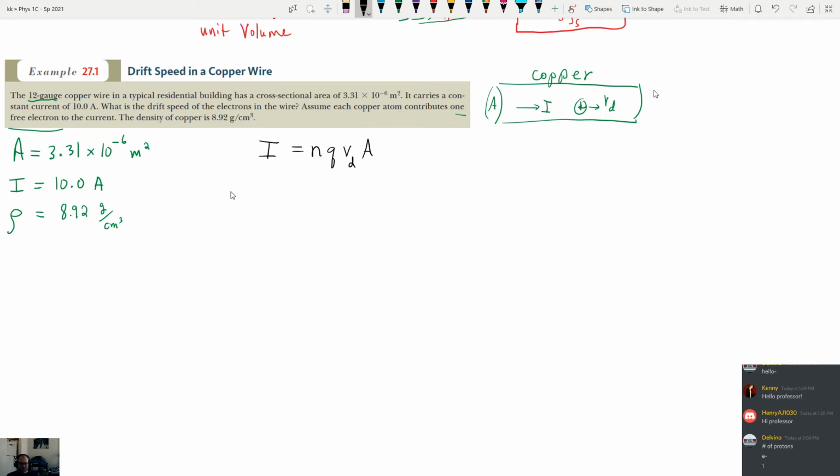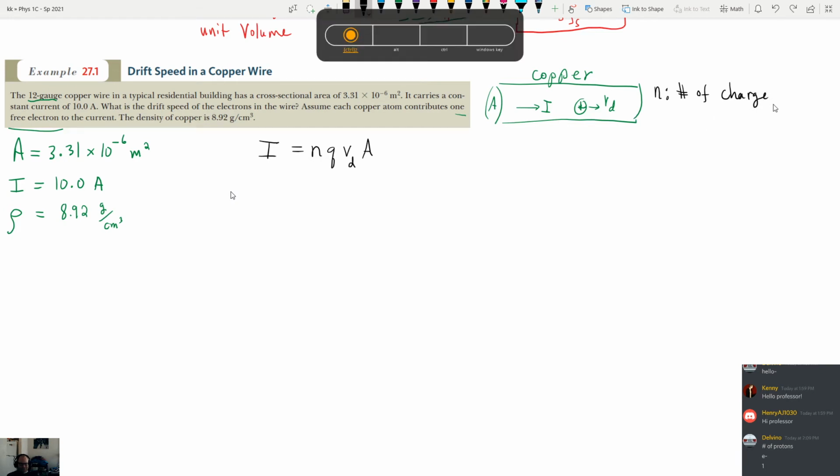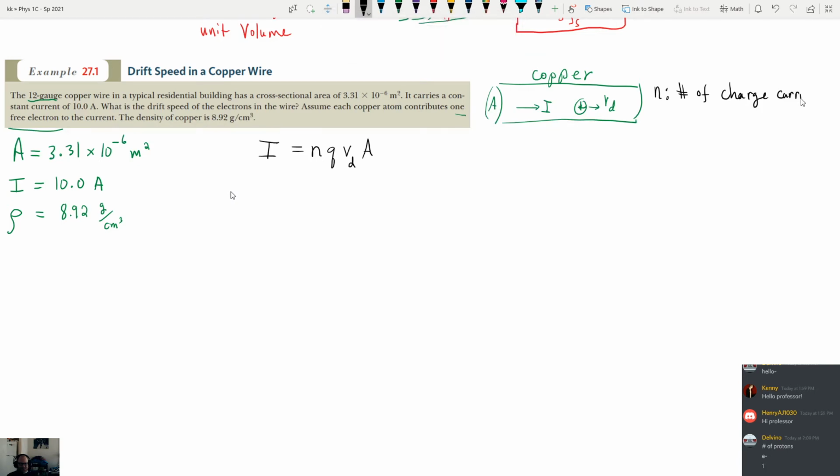I'm going to rewrite what these things represent, because I'm going to have you all calculate this. n represents the number of charge carriers, I should say charge carriers, because there's a difference, per unit volume. So it's a type of charge density, if you will. And I think everything else is self-explanatory.